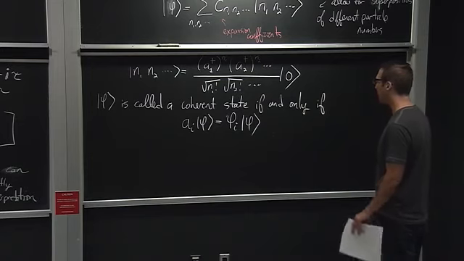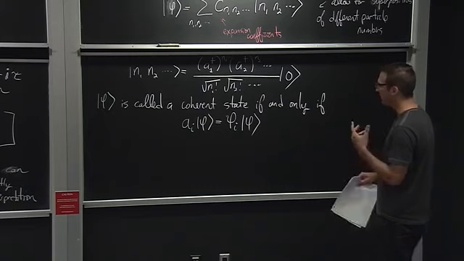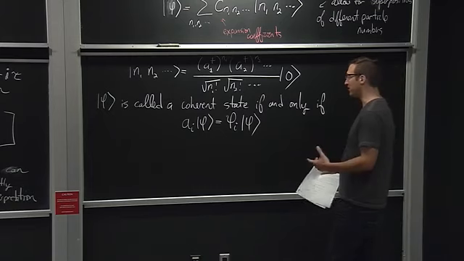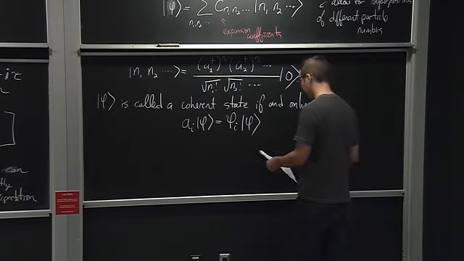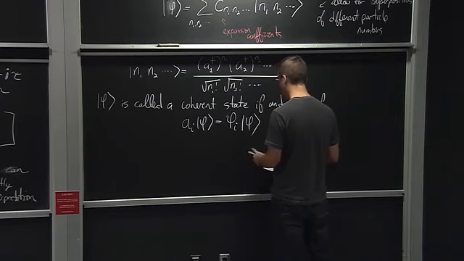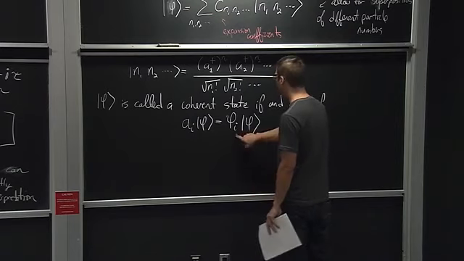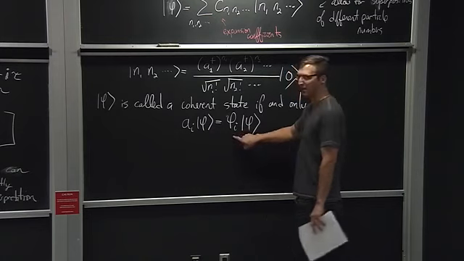So each one of these phi i's. Actually this holds for bosons and fermions, but let me get to that in a minute. This equation has to hold for every label.